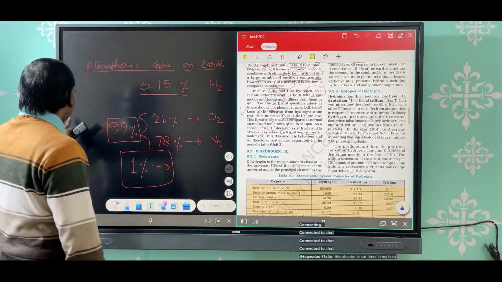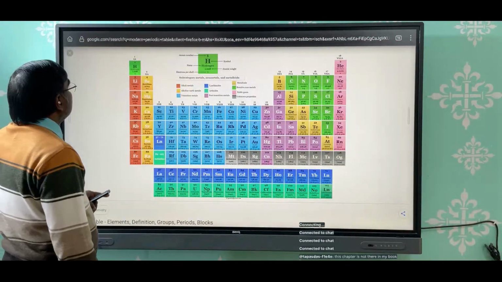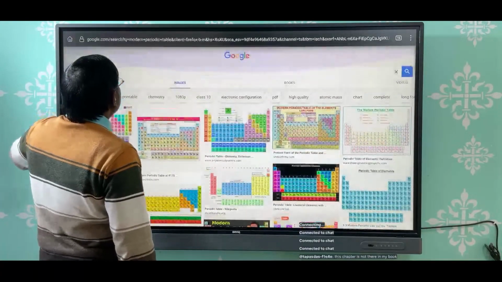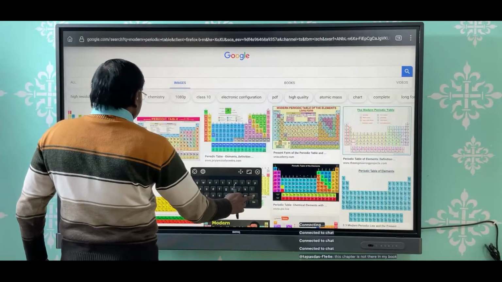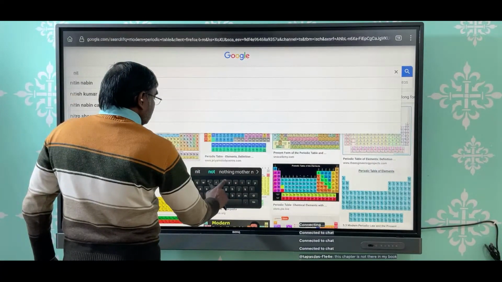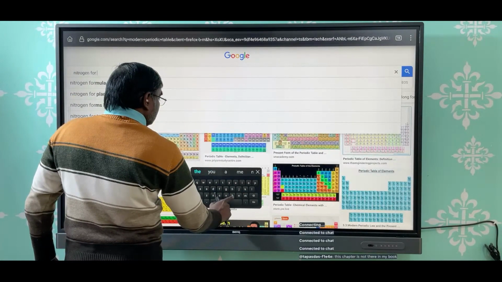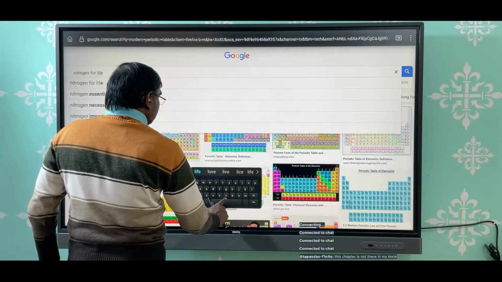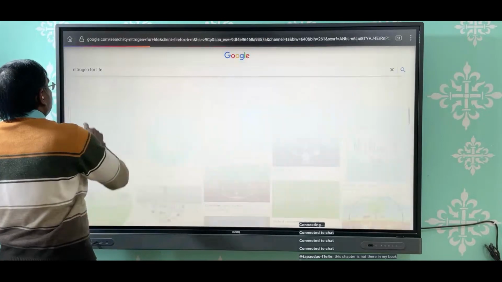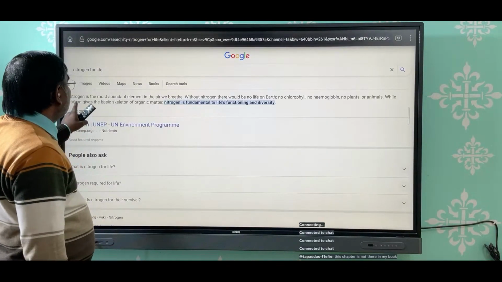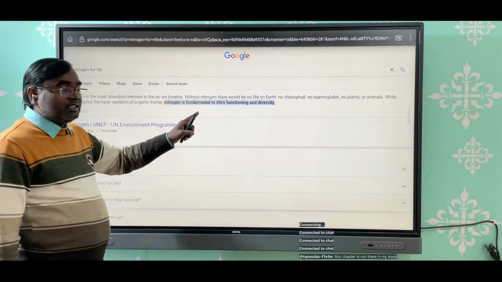So let's do some research. I have a point in my mind. So research for the use of nitrogen for life. Go. See, nitrogen is the most abundant element in the air we breathe, 78%.